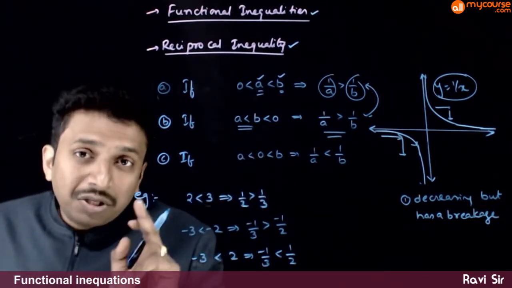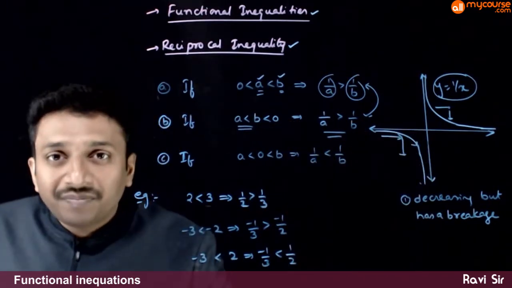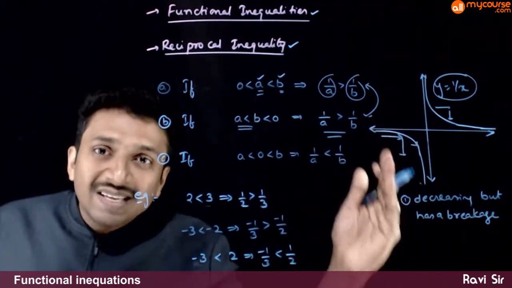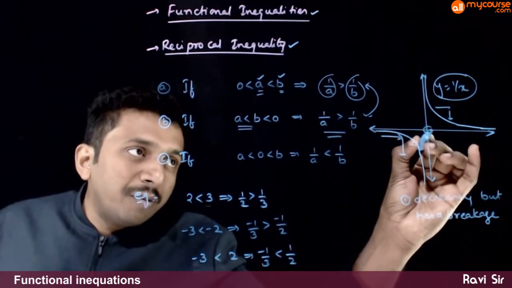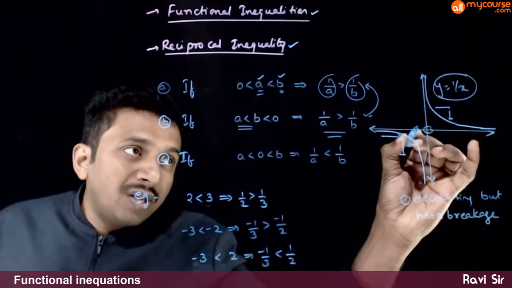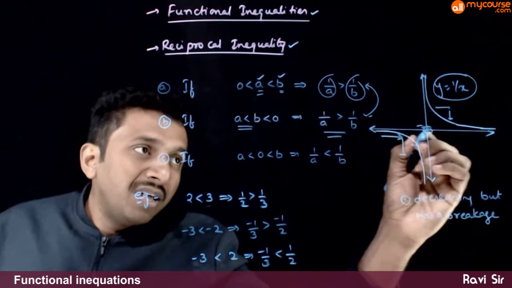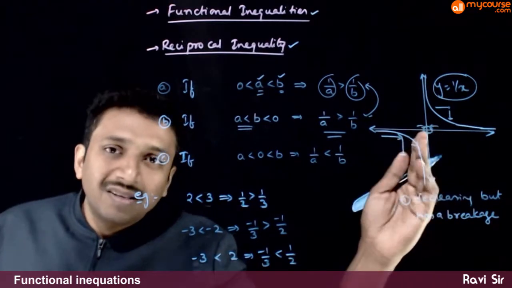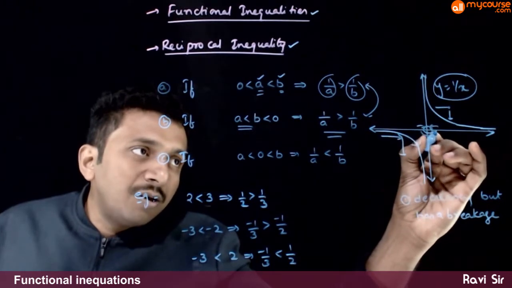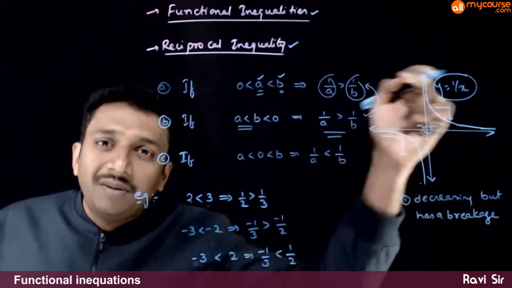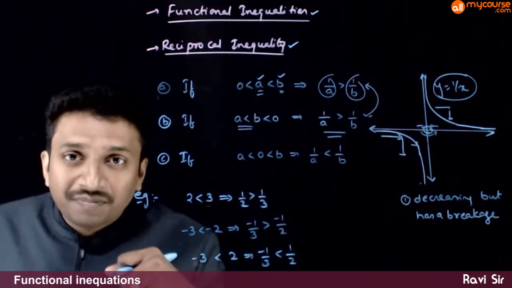But you should understand, this is not a decreasing function throughout the interval. There is a jump here. If you go to the negative neighborhood of 0, the functional value is minus infinity. If you go close to 0 plus, the functional value is plus infinity. So as you jump from the negative side of 0 to the positive side of 0, the function suddenly takes an infinite jump upwards.